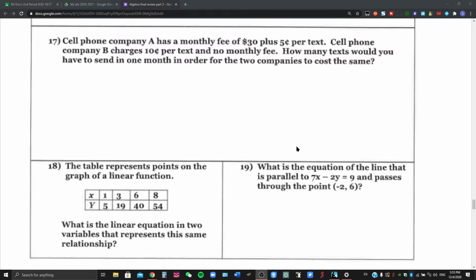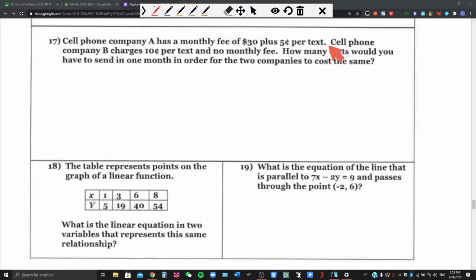Cell phone company A has a monthly fee of $30 plus 5 cents per text. $30 plus 5 cents per text. Cell phone company B charges 10 cents per text and no monthly fee. How many texts would you have to send in 1 month in order for the two companies to cost the same? So for company A, your cost will be $30 plus 5 cents.